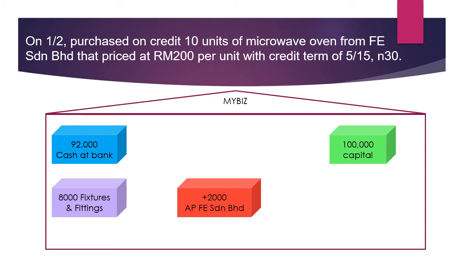The AP actually stands for accounts payable, so it will recognize directly that FE Standard Berhad is your supplier. Supplier means that you owe that particular person. Previously, you did not have any debt to any third party. So now the business has a debt to FE Standard Berhad.